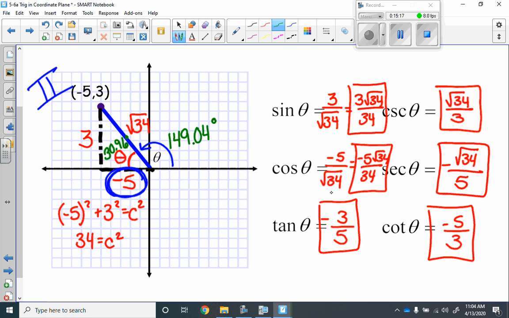Well, that's because your calculator is very smart. Your calculator says, okay, 30.96 degrees, well, 30 degrees is between 0 and 90. Your calculator is putting this coordinate right here in quadrant 1. So it's treating it like positive 5, positive 3 if you're working with 30.96 degrees. Instead, you're really using 149.04.